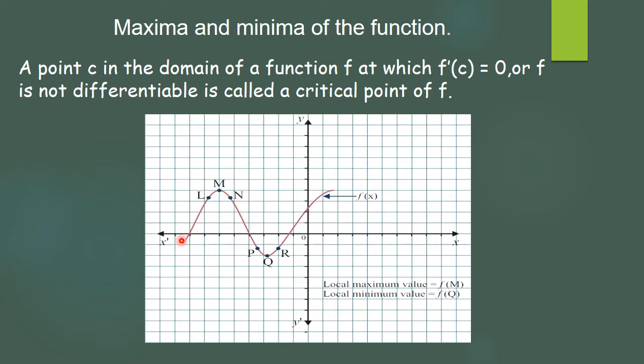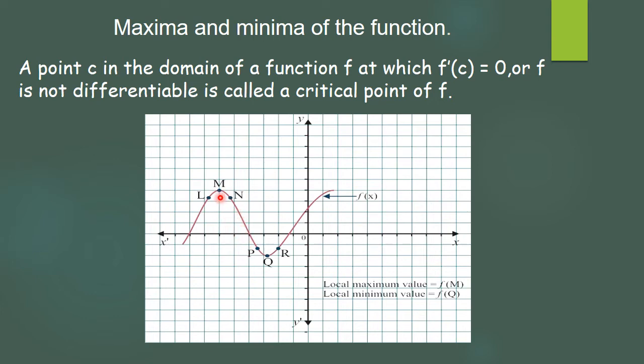So for such a function, from the left side of the point M my derivative was positive, while from the right side of the point M, the next point close to M, the value of dy by dx goes on decreasing.